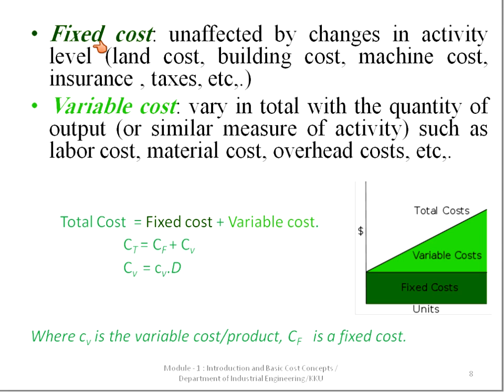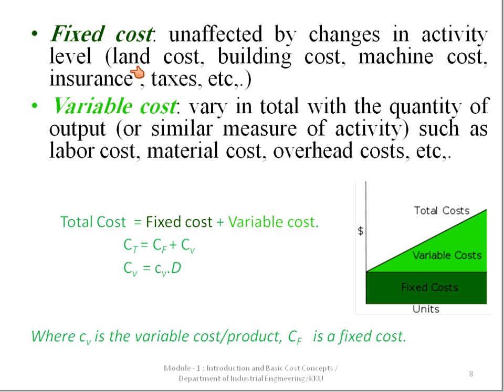The cost is fixed, with respect to what? The cost is fixed even though there is a change in output of the company, of a manufacturing system, of a production activity. The output may change, the output may not change, but the fixed cost will never change at all.